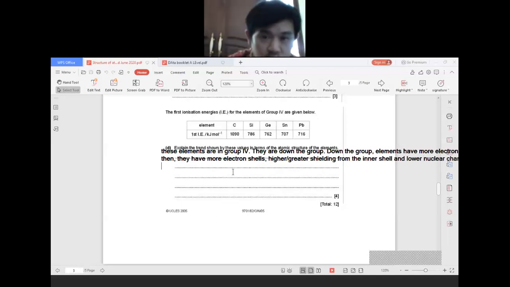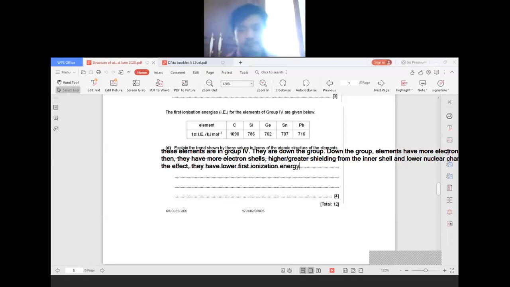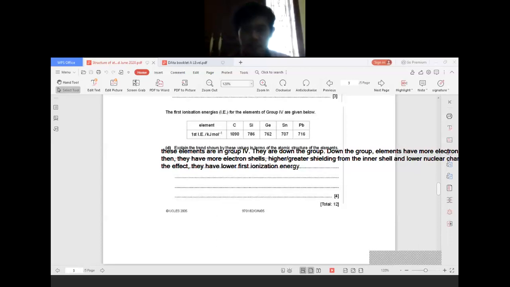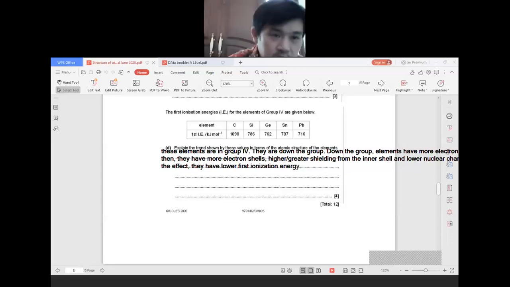If they have lower nuclear charge, it means the effect is lower, so they have lower first ionization energy. Okay, so this is the trend.